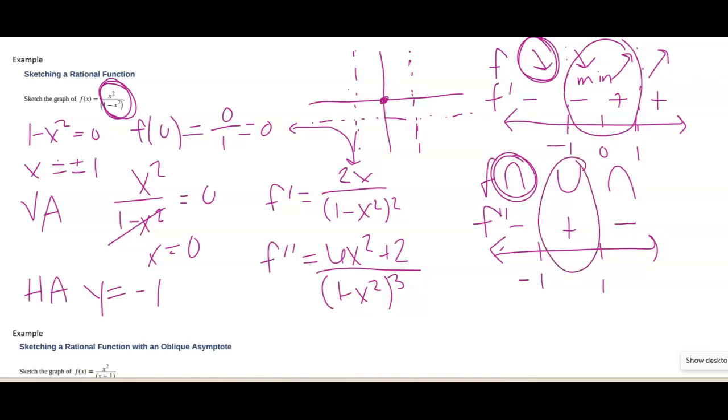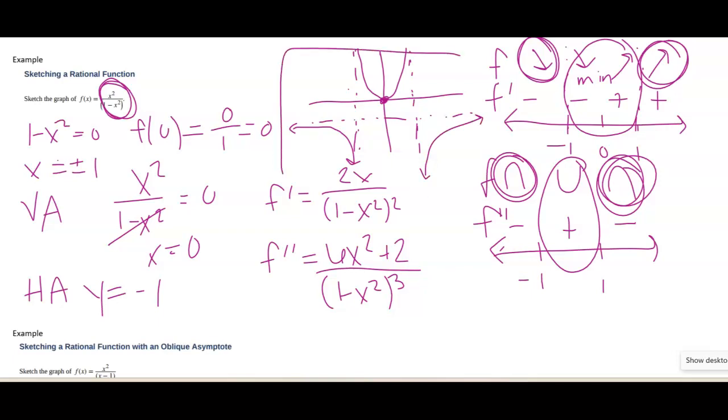And I need to be concave up the entire time. So it must look something like this. And then in the part that is bigger than x equals 1, I need something that is concave down but increasing the whole time. So concave down and increasing would look like this. And so that's our graph. And you can check that on Desmos and see that that is definitely the graph of that function. Pretty stinking close.